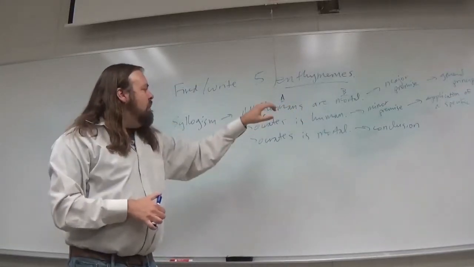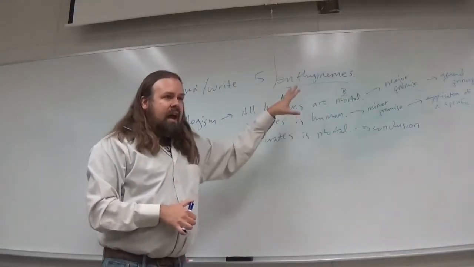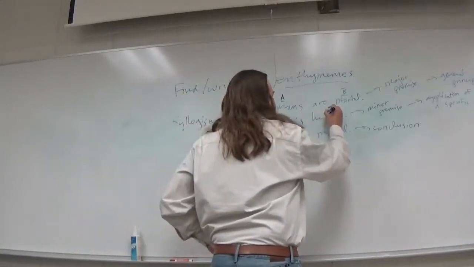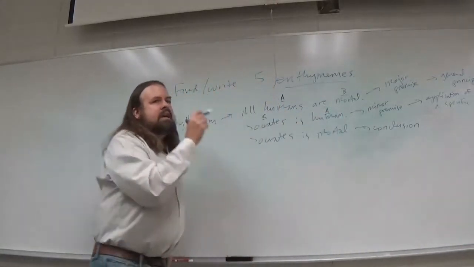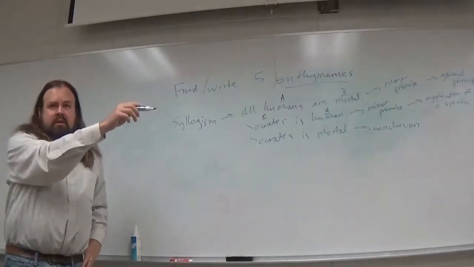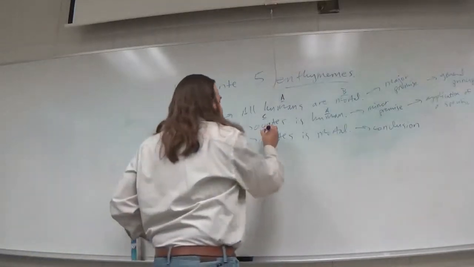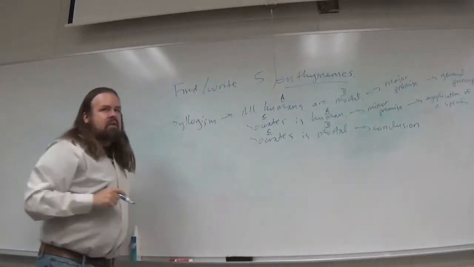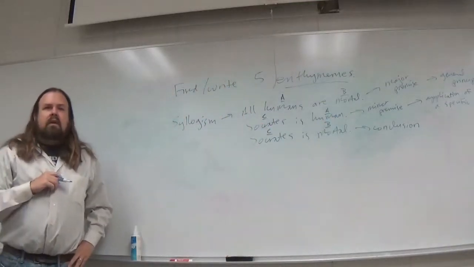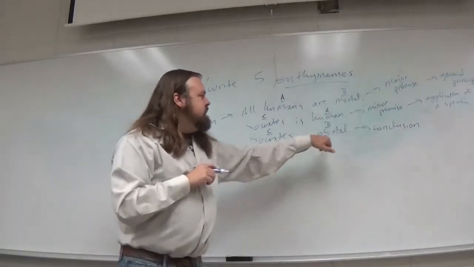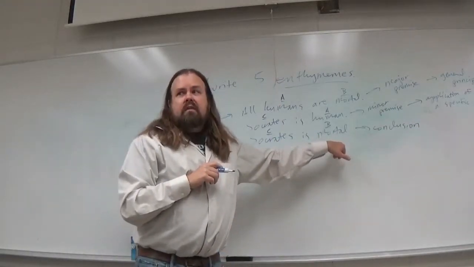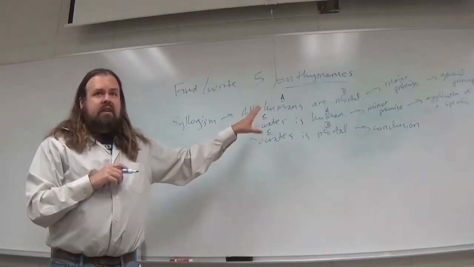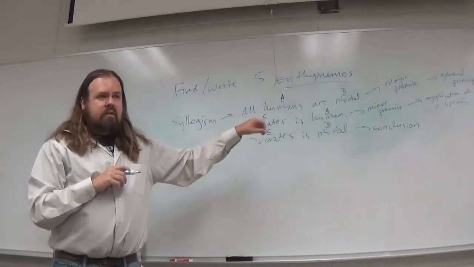So we can see how this works out in practice, right? A has to repeat itself as the second term in the minor premise. And C and B have to repeat themselves as the first and second terms in the conclusion, right? That's how you can tell you have a valid syllogism. That's how you can tell it's logically valid.